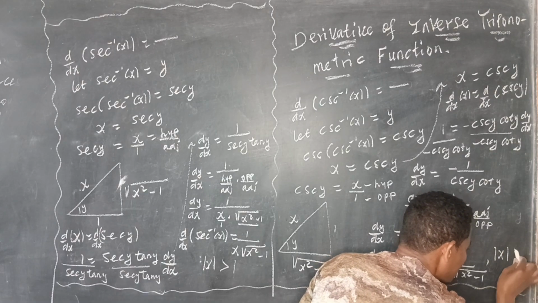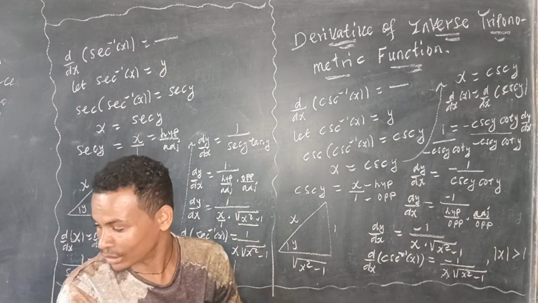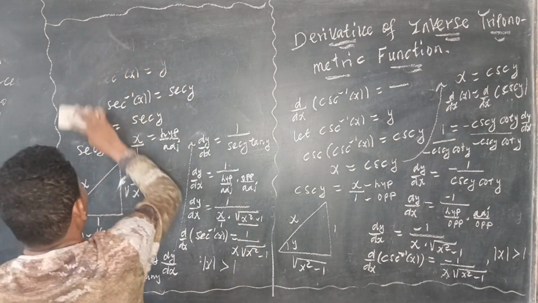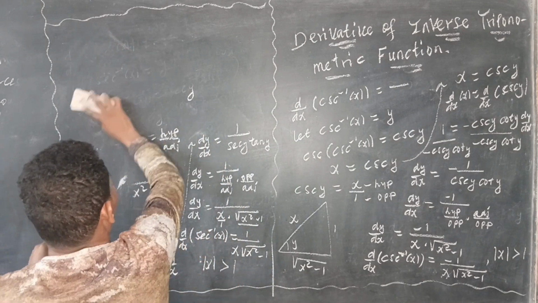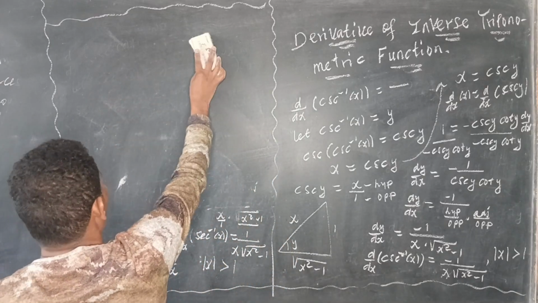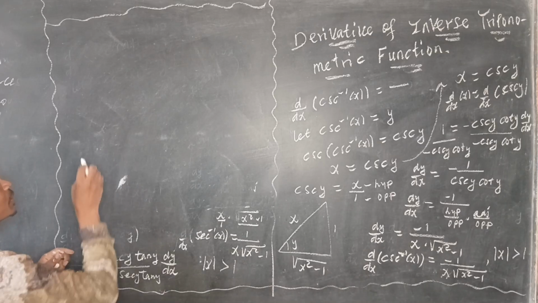absolute value of x is greater than 1. So basically they come in pairs, and they do have their own relationship. So now what do we conclude in general?